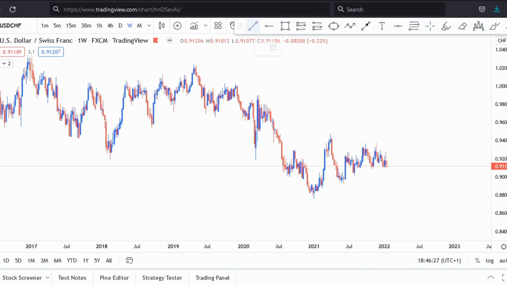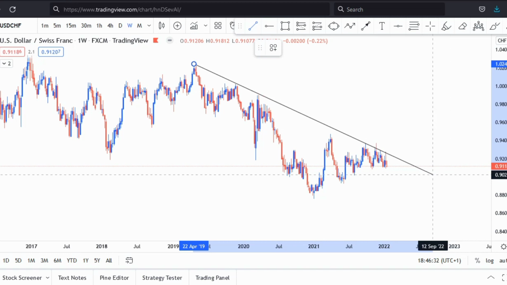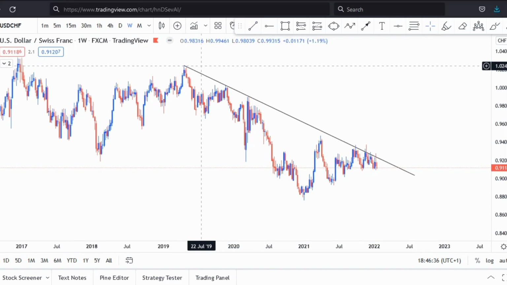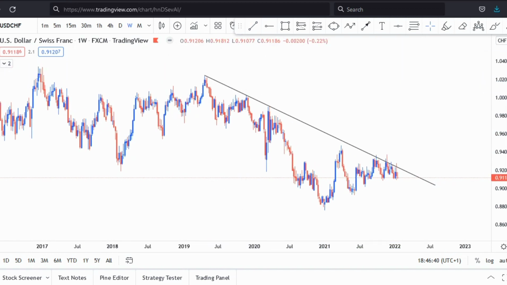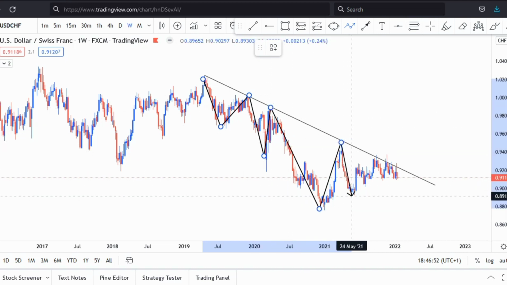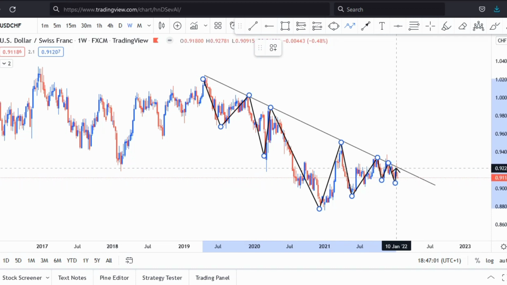On the weekly time frame, we can easily identify the trend as being a downtrend, and you can see from the trend line that price has bounced off this downward trend line several times, making lower lows and lower highs, and price has kept on doing that, okay, until this area where price is a bit ranging now, but still not able to break the trend line.